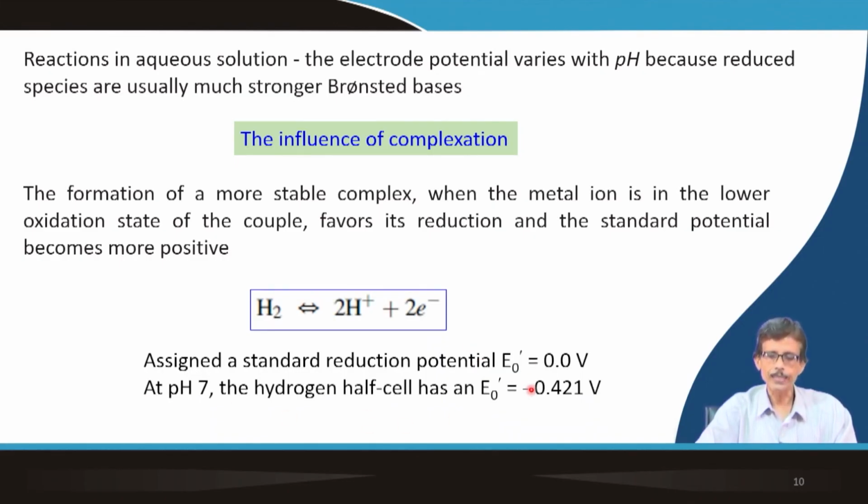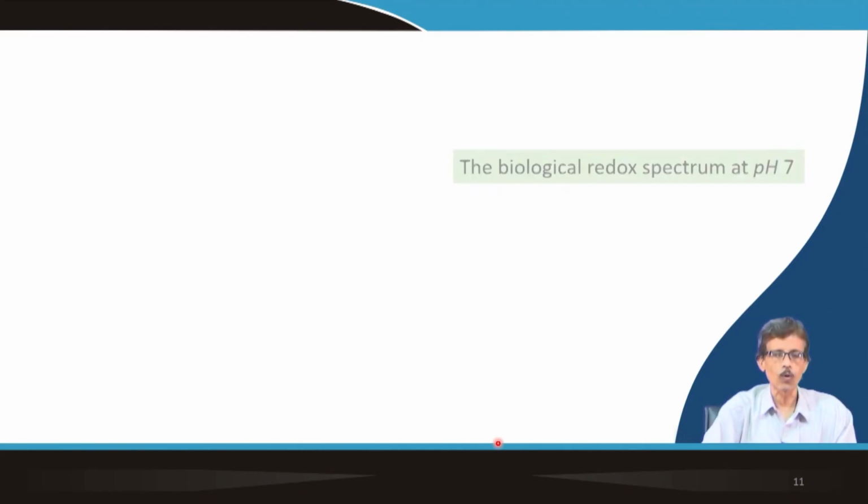The standard reduction potential for hydrogen we all know is considered as 0.0 volt, but if you change the pH value, at pH 7, which is our biological pH, our blood pH can vary from 6.8 to 7.2. At that average value of 7, we see that the reduction potential is negative, minus 0.421 volt.